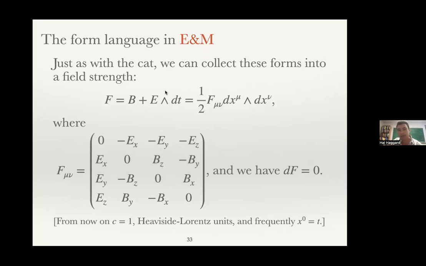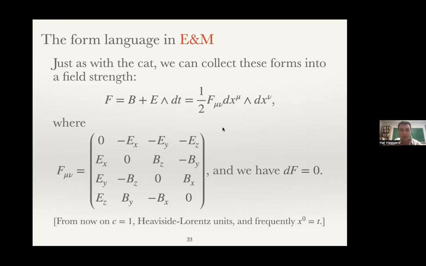That now makes this whole thing, E wedge dt, into a two form, since E was a one form. And maybe you're not too surprised now to see that I can rewrite that as 1/2 some tensorial components wedged with the general two form dx mu wedge dx nu. So again, Einstein summation convention is in effect.